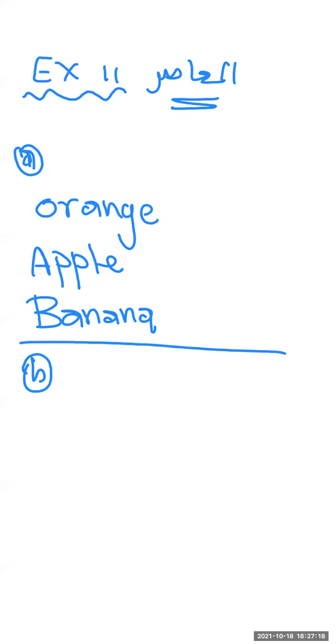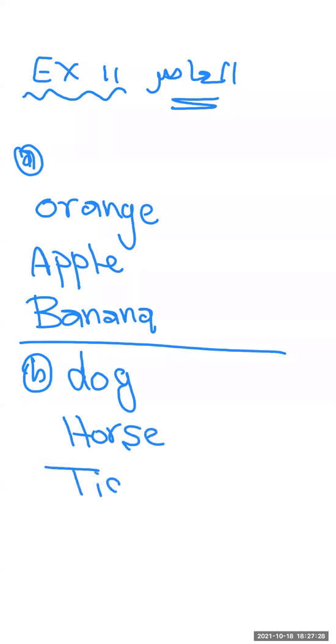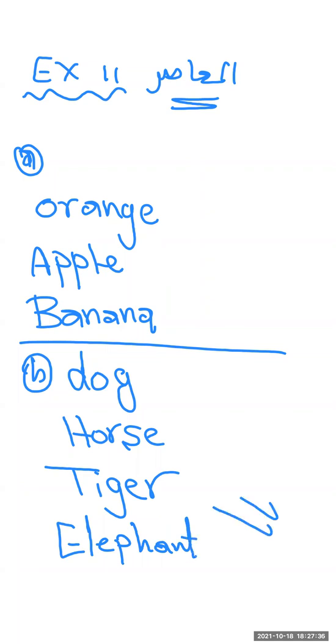Elephant, dog, horse, donkey, tiger, and elephant. That's it. So those are the elements.